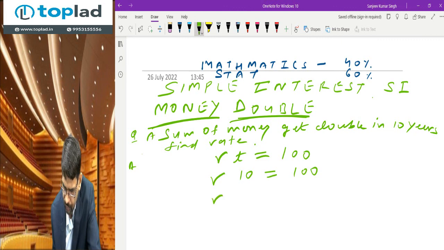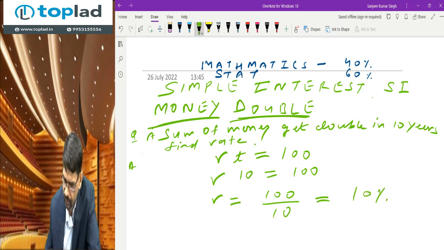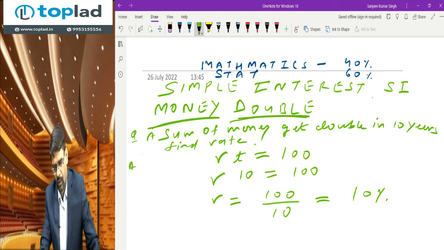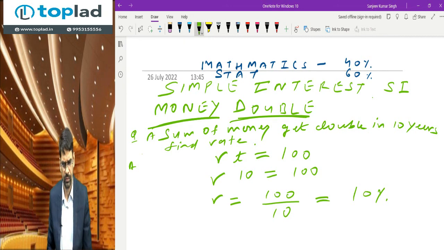So rate is 100 divided by 10. The answer is 10%.